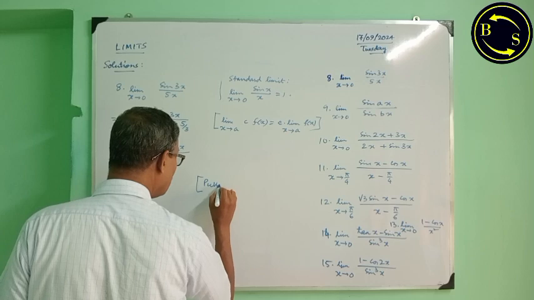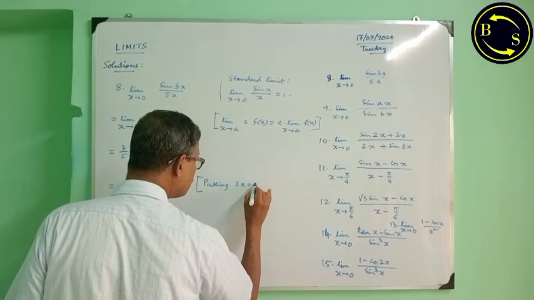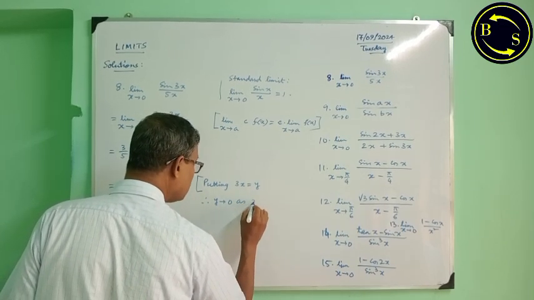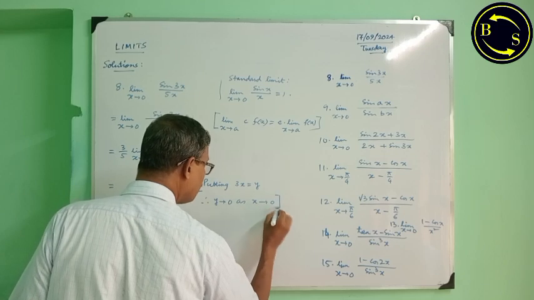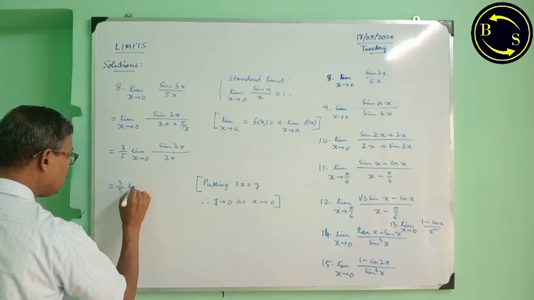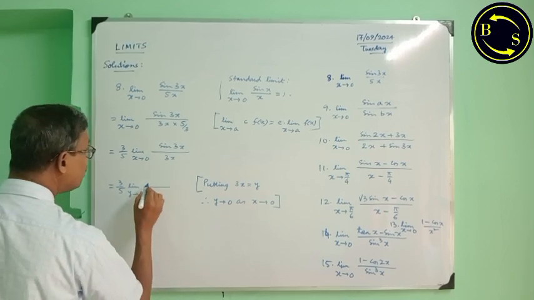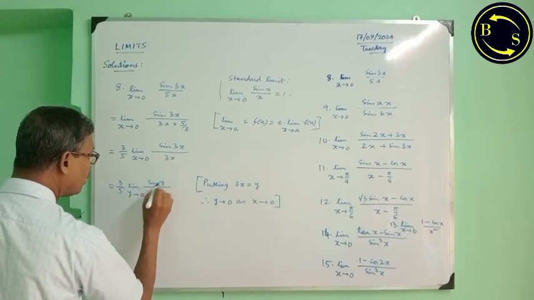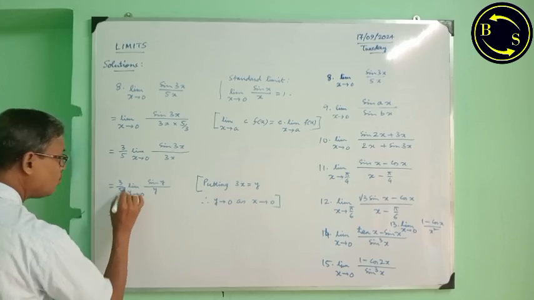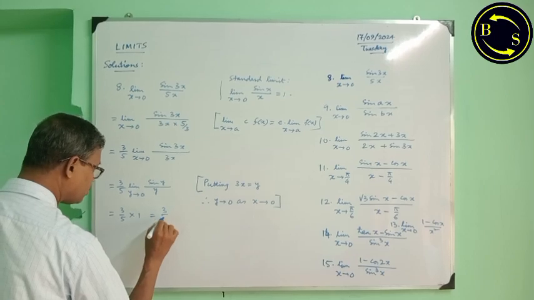Putting 3x equal to say y, therefore y tends to 0 as x tends to 0. Therefore 3 by 5 limit y tends to 0, sin y by y. Therefore 3 by 5 into value of the standard form is 1. Therefore, finally result is 3 by 5.